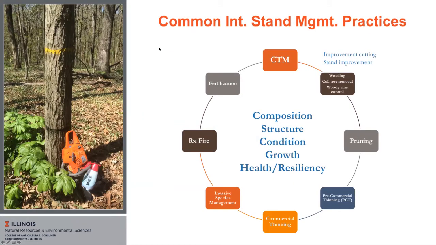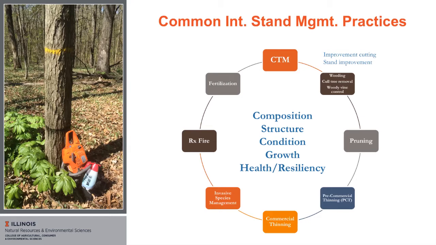So intermediate stand management is this umbrella concept, right? And under this umbrella concept are these practices that we can implement to achieve certain goals and objectives. The most common practices that fall under this umbrella of intermediate stand management include CTM, which is just an acronym for crop tree management. Weeding, cull tree removal, woody vine control is another common practice. Pruning, pre-commercial thinning.